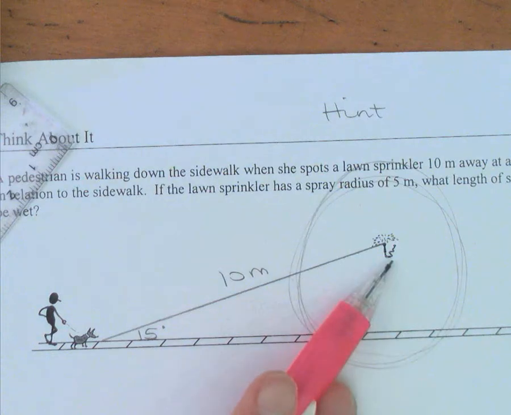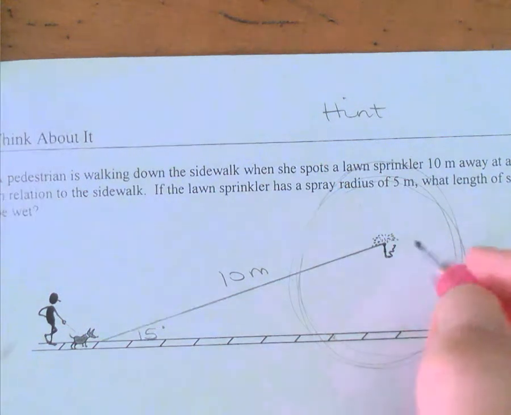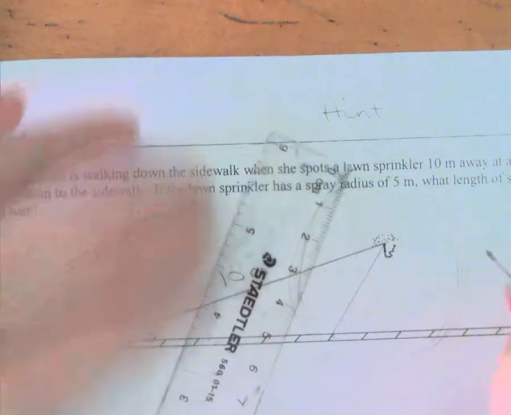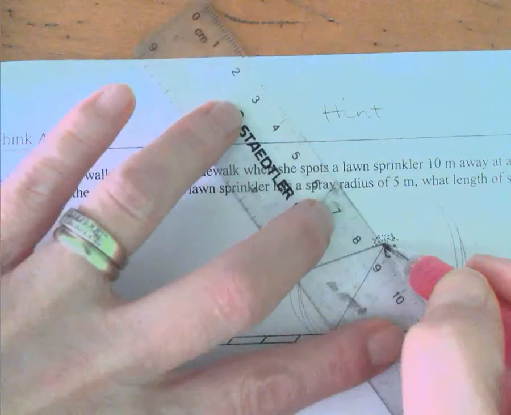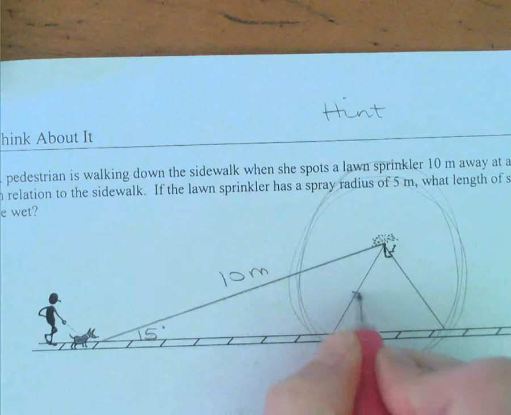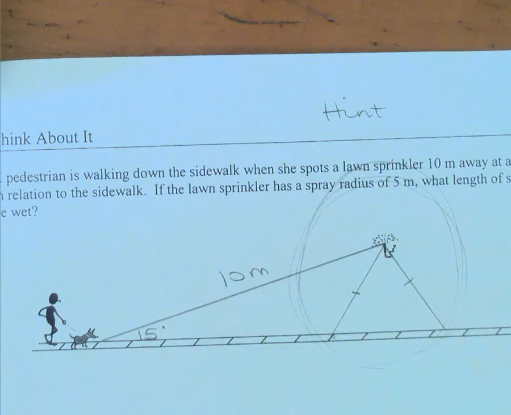There's my lawn sprinkler, and the radius from here touches the edges of the circle. Radius means that this distance and this distance have to be the same, and in the question they tell me they're 5 meters. And I want to know what distance of the sidewalk is wet. So basically I'm looking for this part right here. How much of this is wet?